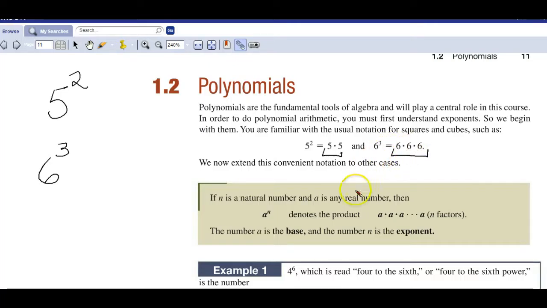We use what is called an exponent. So in our notation here, we're saying the 5 is the base and the 2 is the exponent.